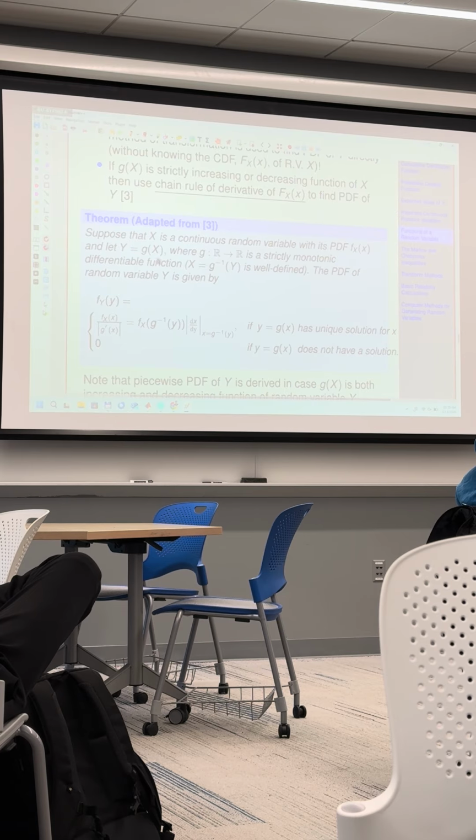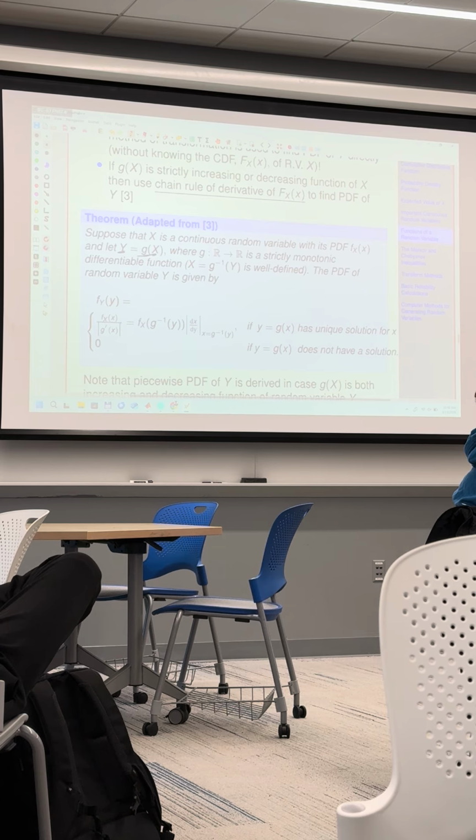I gave you the formal definition here. The condition is that g of x has to be a strictly monotonic differentiable function. Monotonic means strictly increasing or strictly decreasing. It cannot have a flat part, it cannot be a constant function.